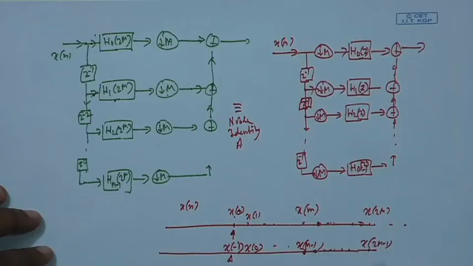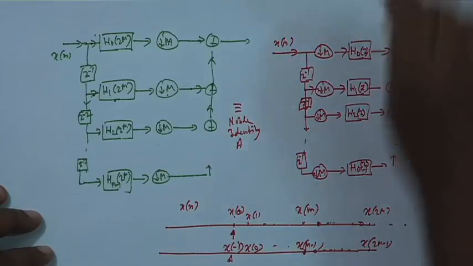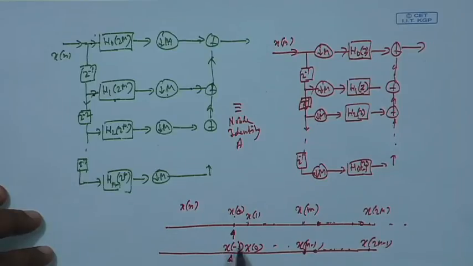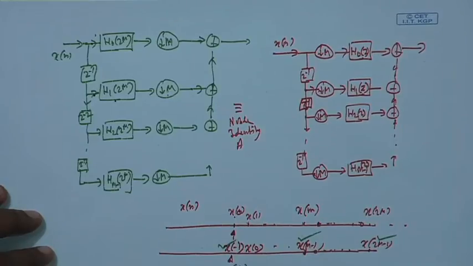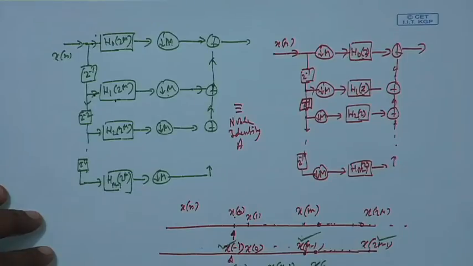If you now decimate, you get this one, then this one, then this one. So you will have x minus 1, then number 1 point, number 2 point will be x 2m minus 1, like that, dot dot dot. That is, if you delay first and then decimate, you get this.